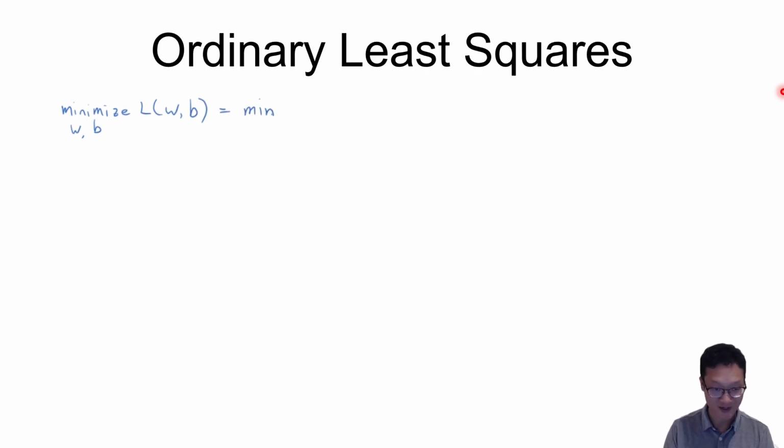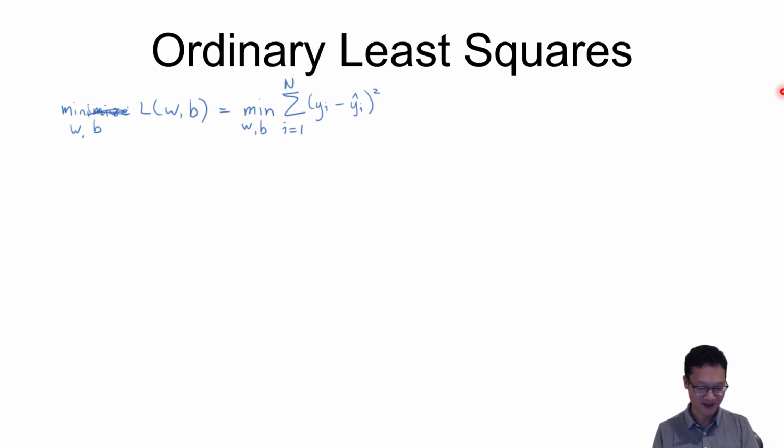In the future, I'll probably not write the entire word minimize, I'll just write min. Strictly speaking, we actually should not be writing the entire word minimize, a kind of technicality you can ask me about later, but this should be min over w, b.